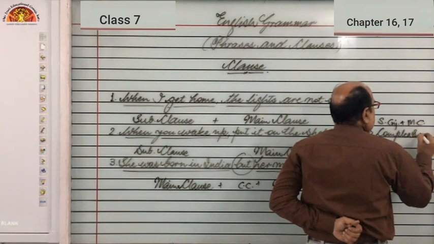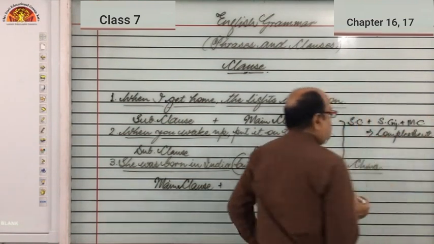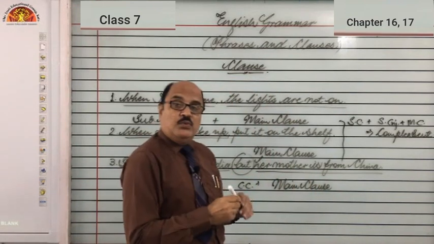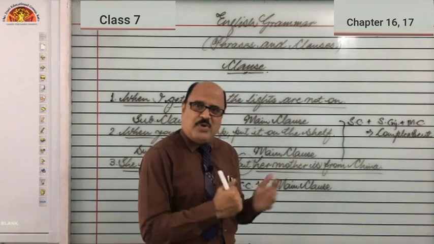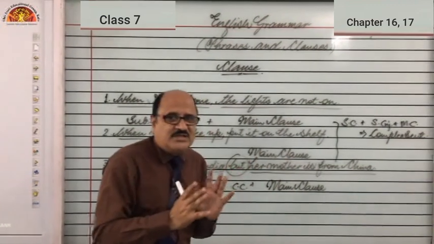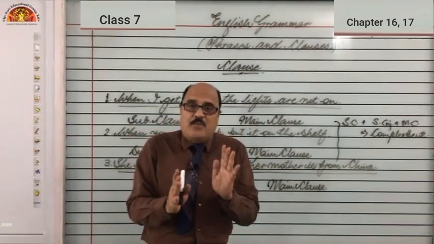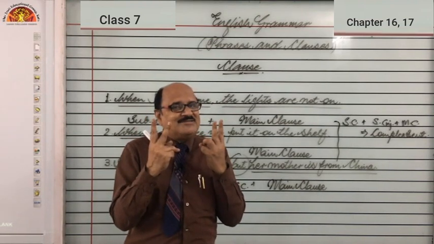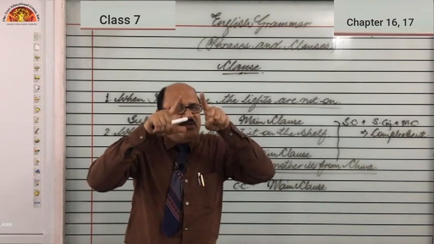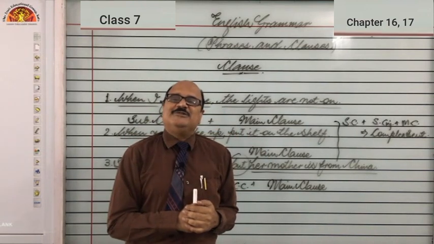Okay students, so very important thing I have just given to you. Suppose anybody asks you what is a complex sentence, what is a compound sentence, so very easily you can say in a compound sentence both the clauses are main clauses and the conjunction between them is a coordinating conjunction.